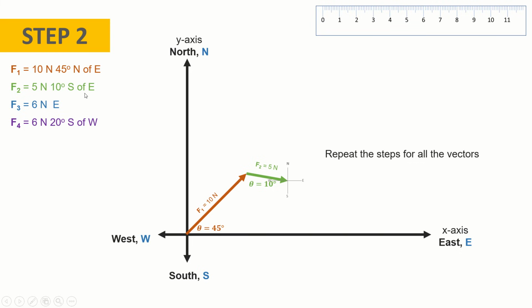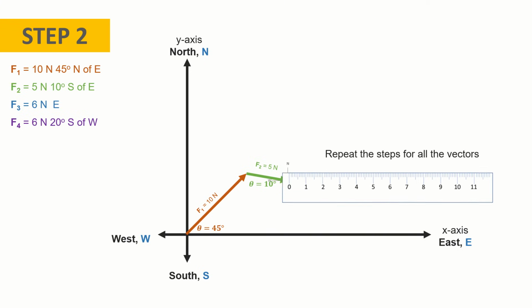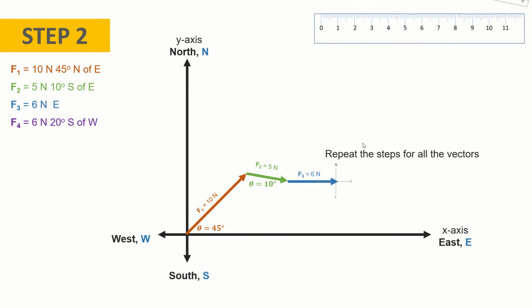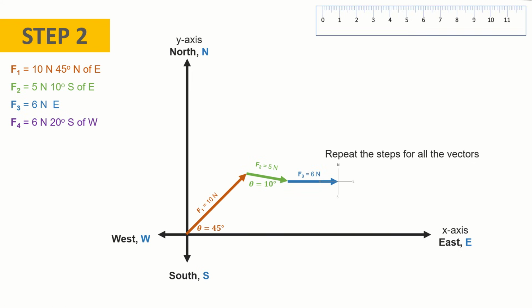Since there is no angle, force vector number 3 will just be a straight horizontal line of 6 newtons. Therefore, we have here 1, 2, 3, 4, 5, and 6. That's our force vector number 3.